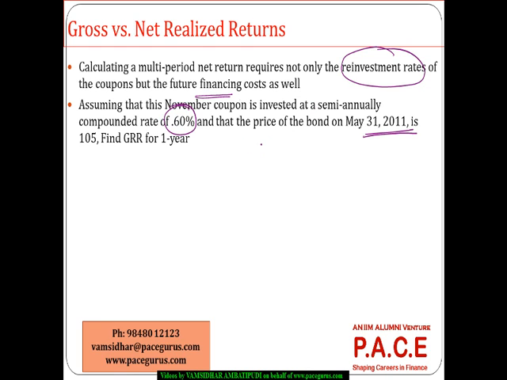In the future, are the financing costs going to be higher, lower, or is it going to be equal across all the periods? Is there going to be any kind of a difference? All these kind of things have to be understood and covered.